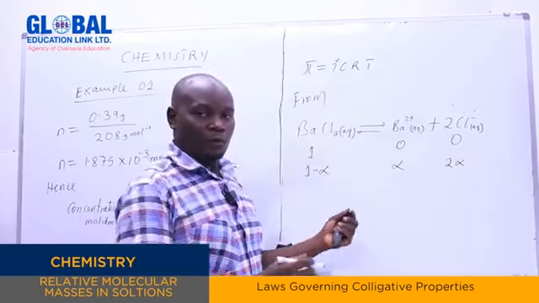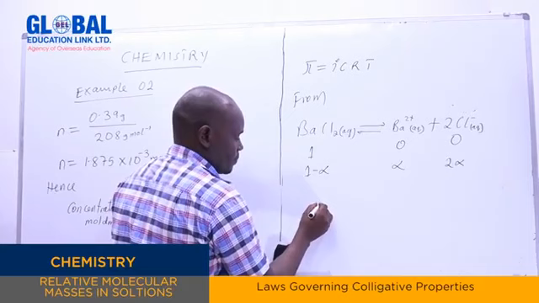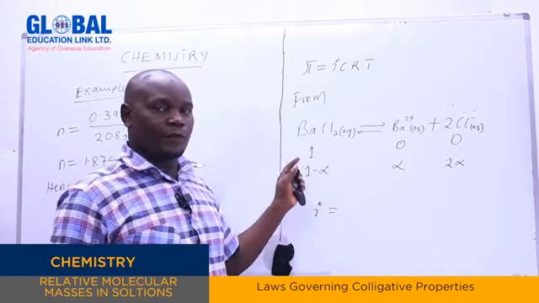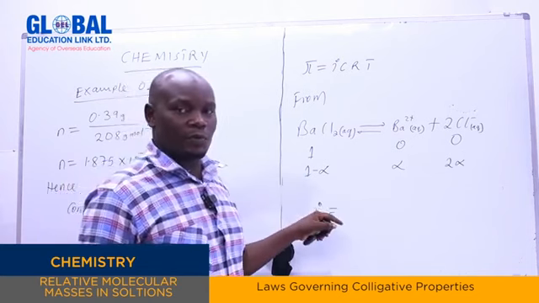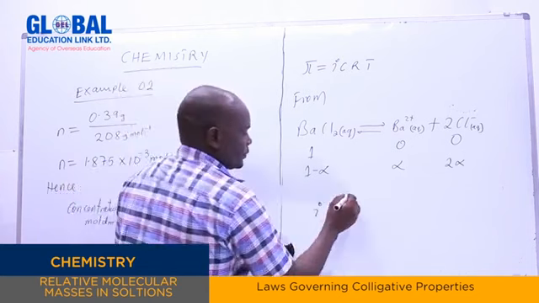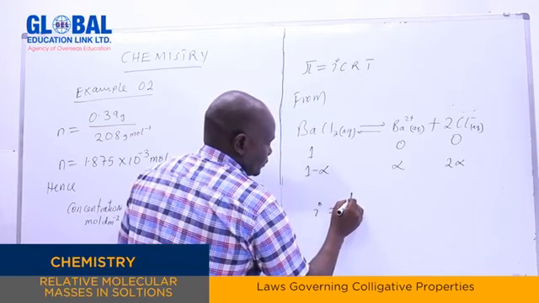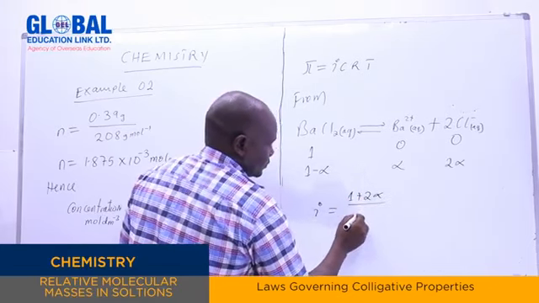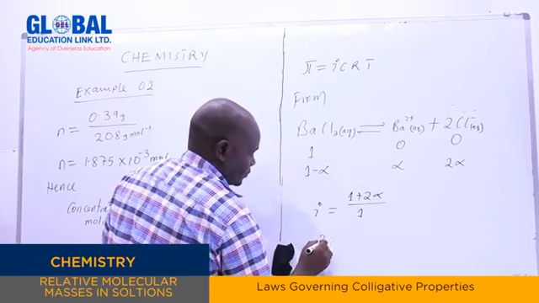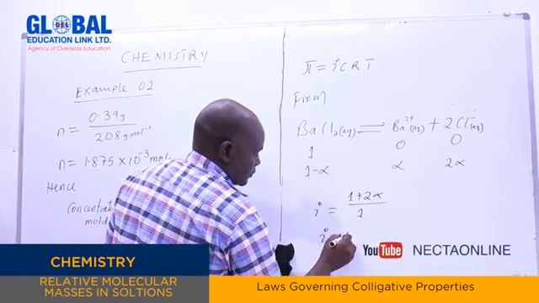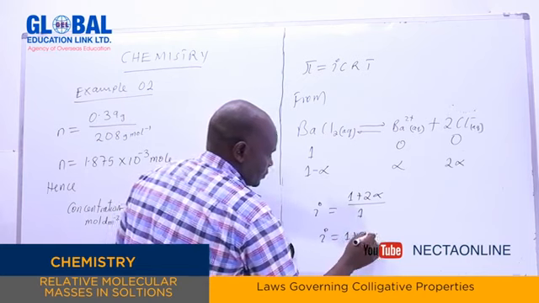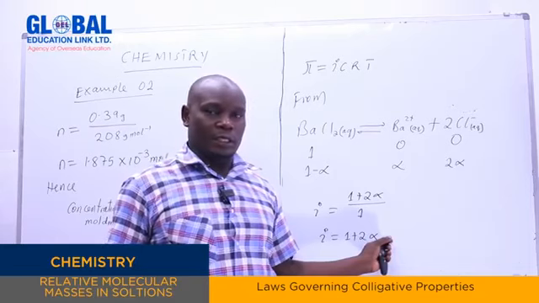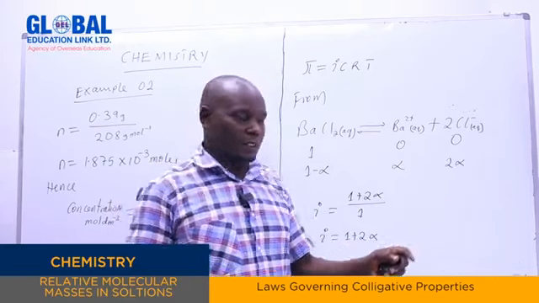So from Van 't Hoff's factor, i is equal to total number of particles after dissociation divided by total number of particles before dissociation. But alpha, which is the degree of dissociation, given is 0.6.